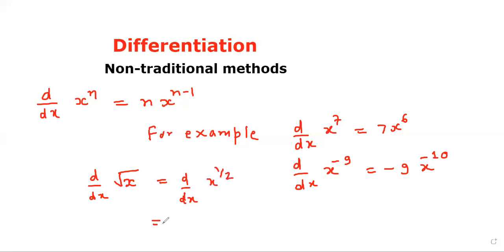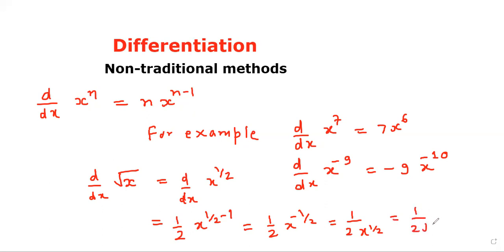Then we apply the formula, so that gives 1 by 2 x power 1 by 2 minus 1, that is 1 by 2 x power minus half, which can be written as 1 upon 2 x power half, or 1 upon 2 root x.